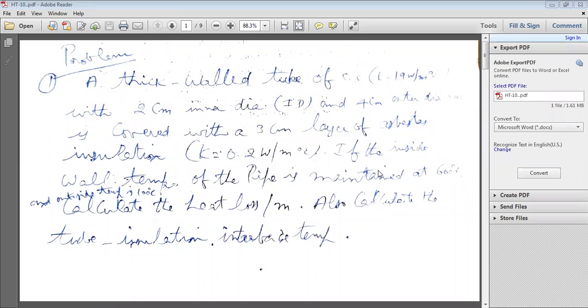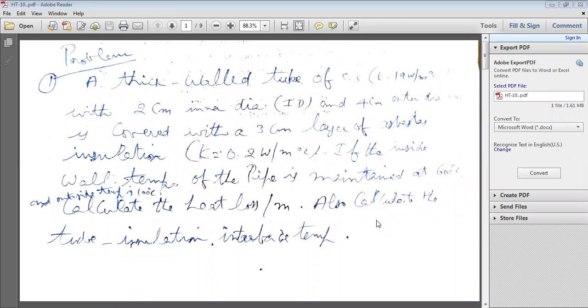Here 2 pi, where pi is the constant 3.14, K is the thermal conductivity of the given material, that is the cylinder material, that may be steel, copper or aluminum, L is the length of the cylinder, Ti minus To, where Ti is the inside temperature and To is the outside temperature, divided by ln Ro by Ri, where Ro is the outside radius of the cylinder and Ri is the inside radius of the cylinder.